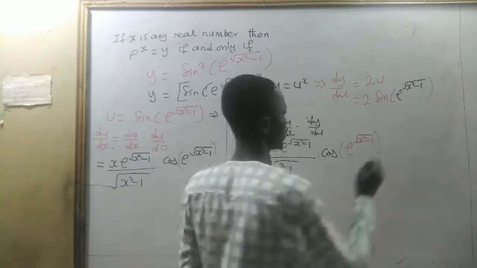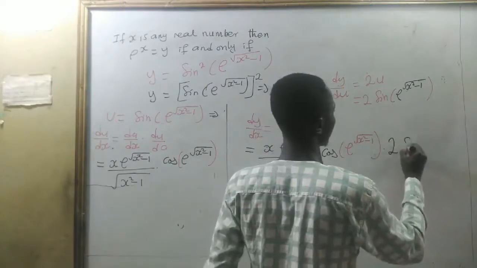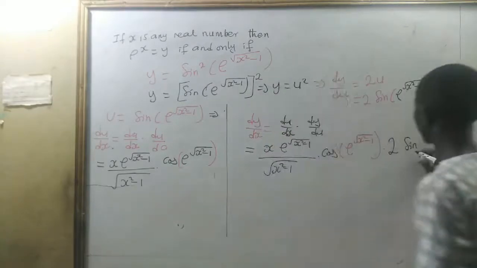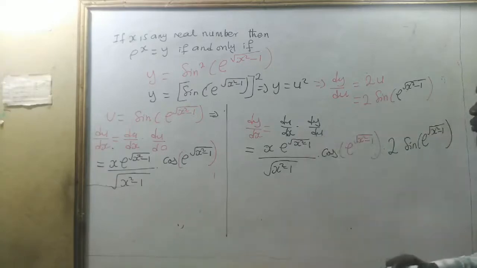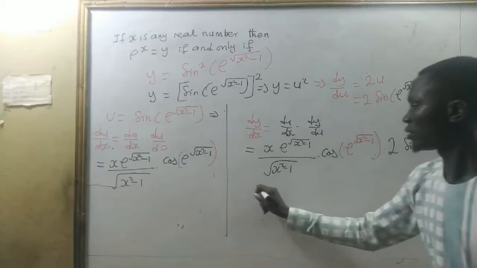times 2 times sine of e to the power square root of x squared minus 1. You can put all these to the top.